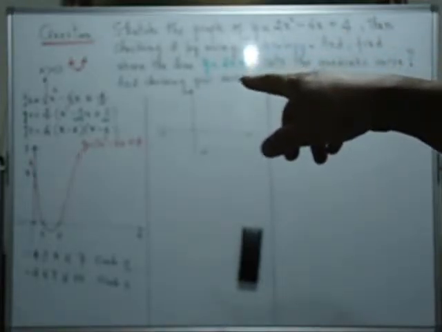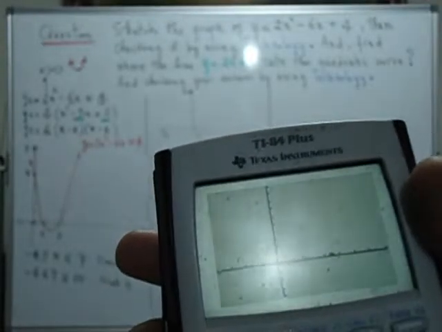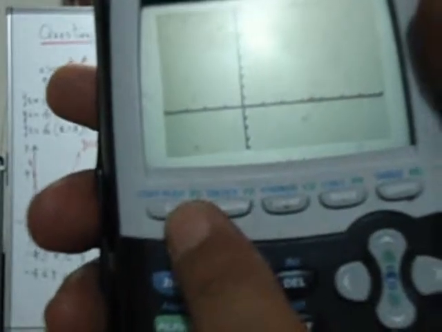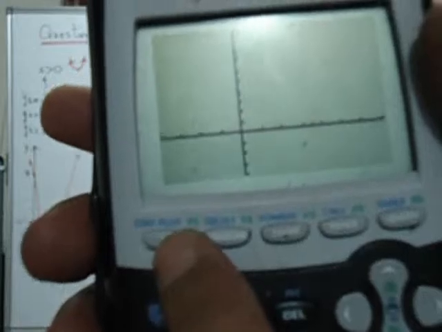Now, in order to sketch the graph of the quadratic equation y1 equals 2x squared minus 6x plus 4, you have to press here with the function.